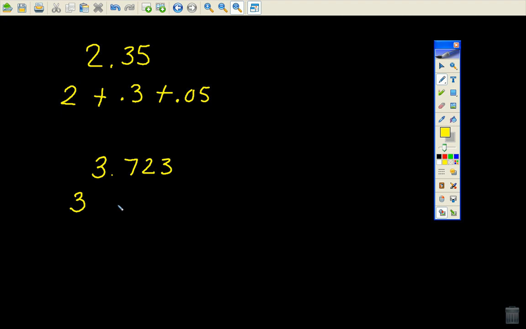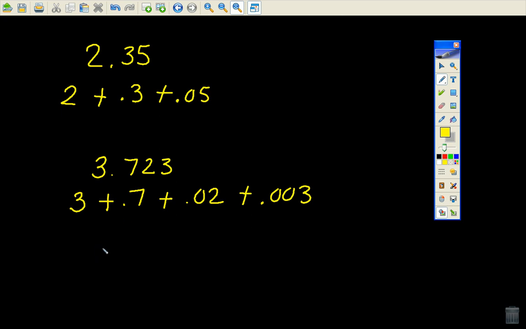So you have 3 plus, there's the decimal, 7/10 plus, there would be a 0 there, 200ths plus, put zeros in those places, 3,000ths. So that's how you expand the decimal out. On whole numbers, we expand out to our left, but decimals we expand out to the right.